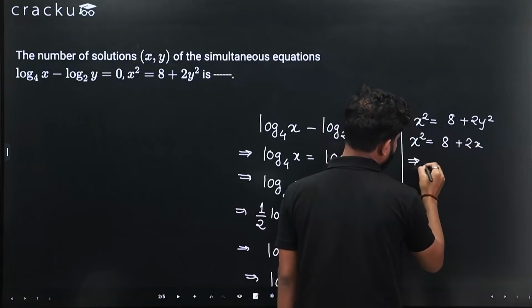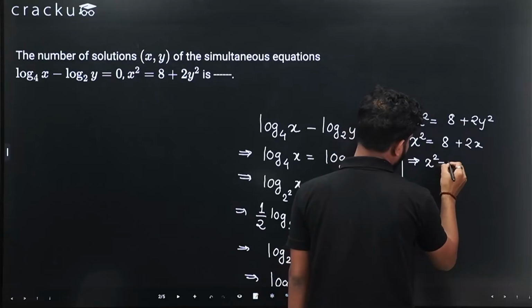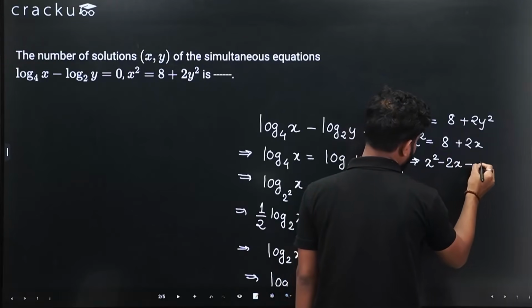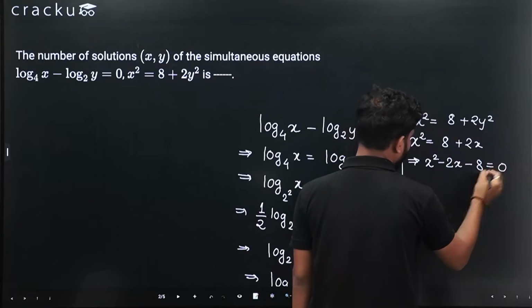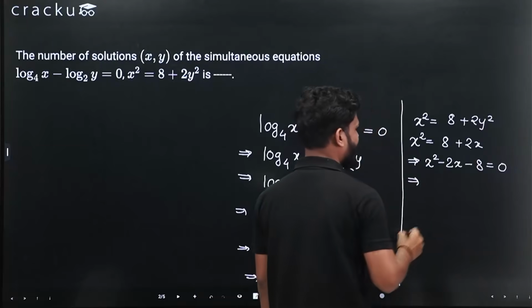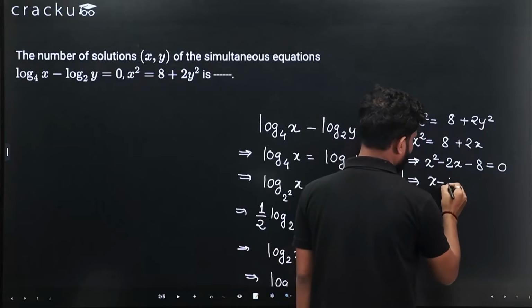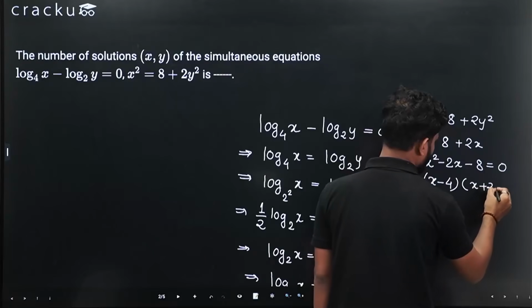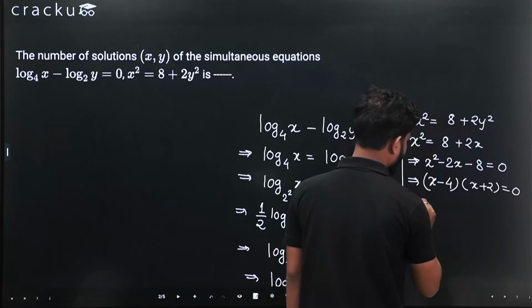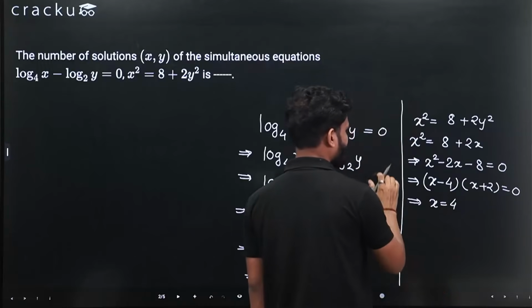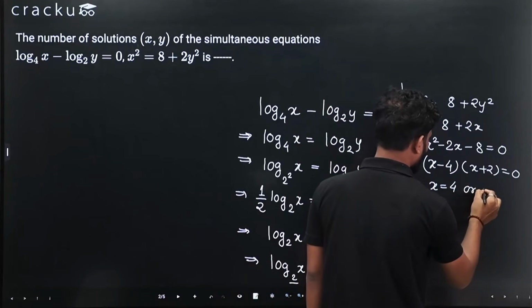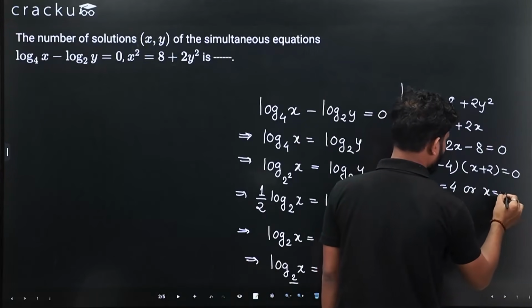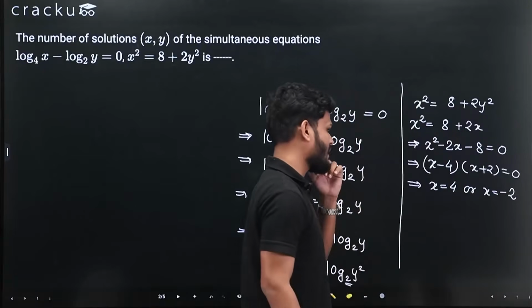From here what can I say? X square minus 2x minus 8 is equal to 0. If you factorize, this will be x minus 4 into x plus 2 is equal to 0, so x is equal to 4 or x is equal to minus 2, right?